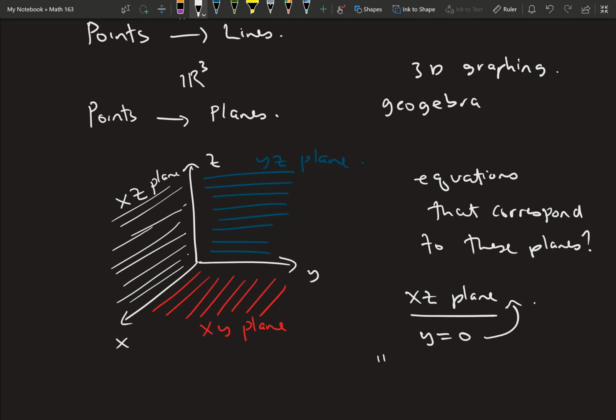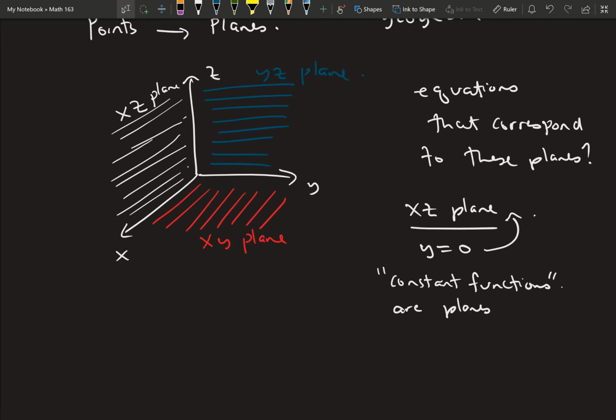So in a way, constant curves, okay, for lack of a better phrase, I'm just going to use constant functions are planes. We haven't really discussed functions in multiple coordinates yet, but you get the idea.